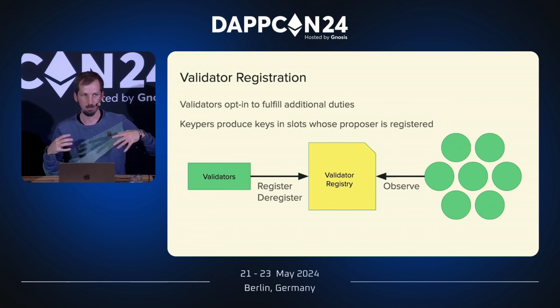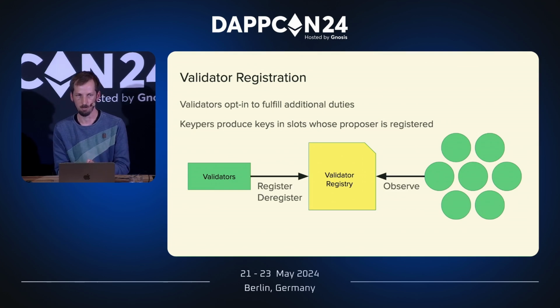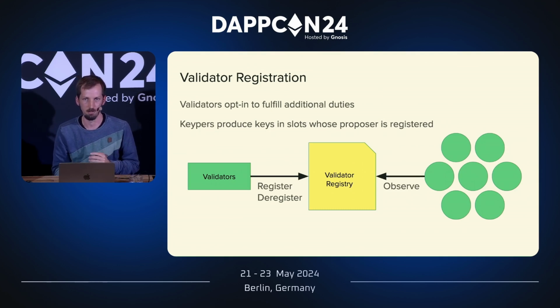And then everyone can look at this contract and see which validators are participating, most importantly the keepers. Because the keepers will have to decide for every block, do they publish the keys or not? And of course they only do this if the proposer for that slot is registered, because otherwise they would just ignore the key and it would be pointless.